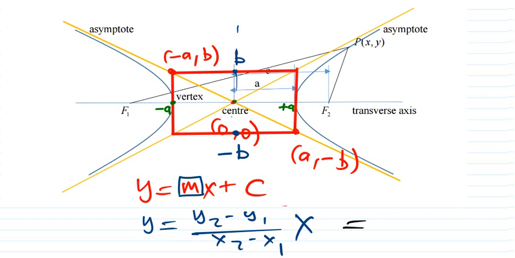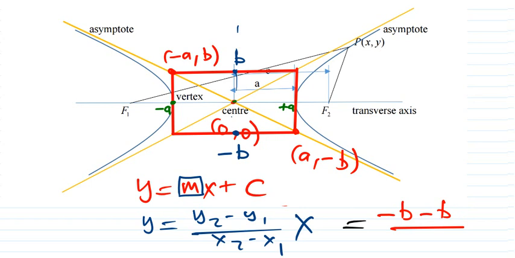So if we try to focus on the one that is moving from left to right, sloping down, our y2, let's say, is negative b, minus our y1, which is b, and then again we divide by the x values.